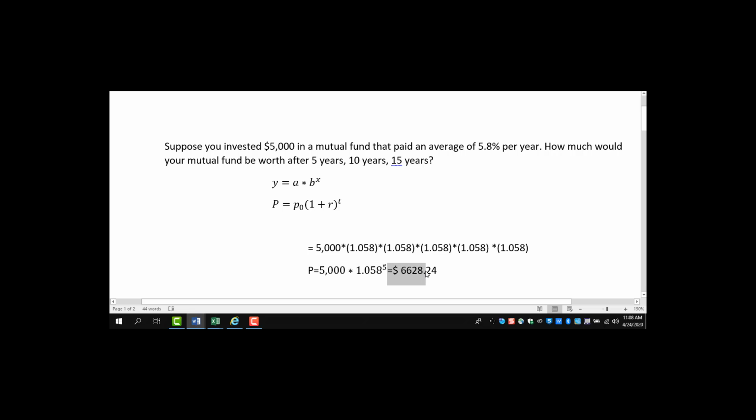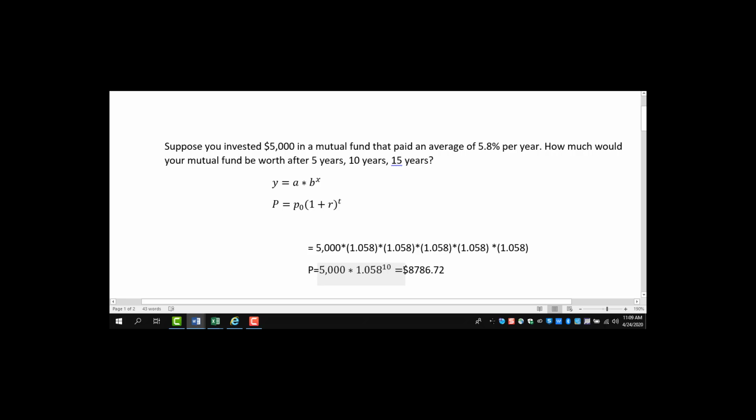Now to change it to 10 years, I'm simply going to change this, put that in my calculator, and you can try it. And you get $8,786. That's after 10 years.